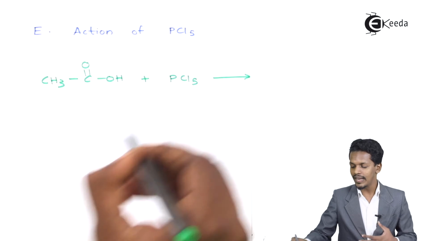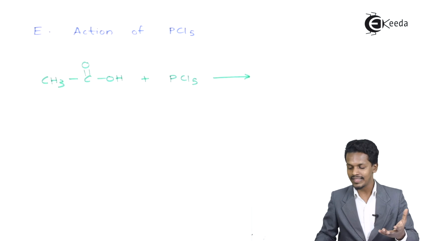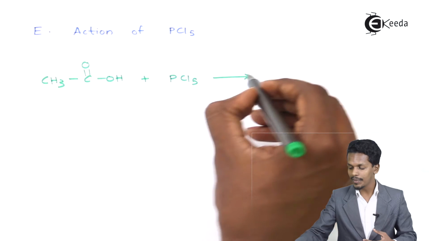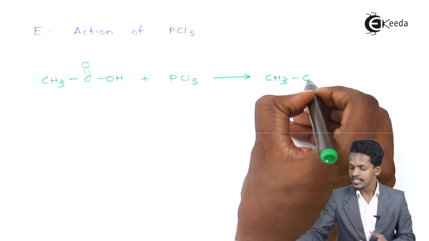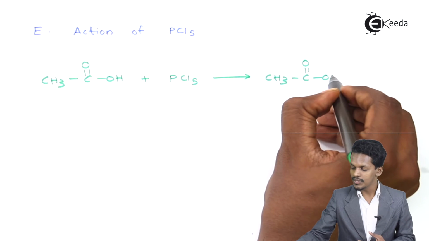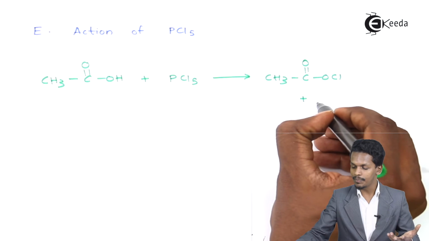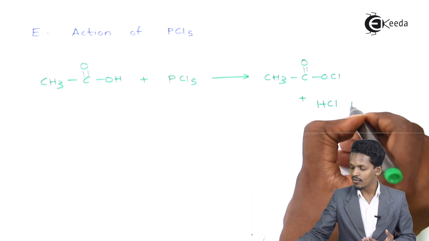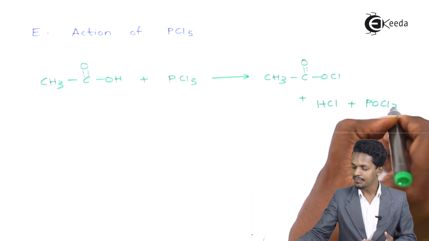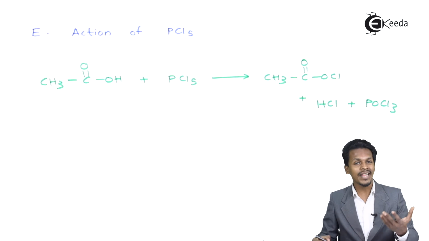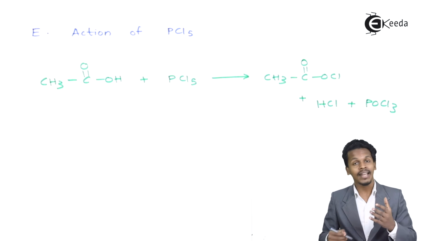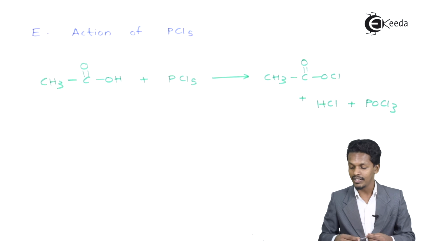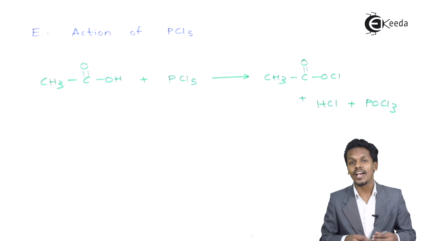It has been found that whenever PCl5 reacts with acetic acid, the product we obtain is CH3COCl, along with the byproducts HCl and POCl3. So this is how we can obtain acetyl chloride, or acyl chloride, through this reaction. This was the reaction of PCl5 with carboxylic acid.